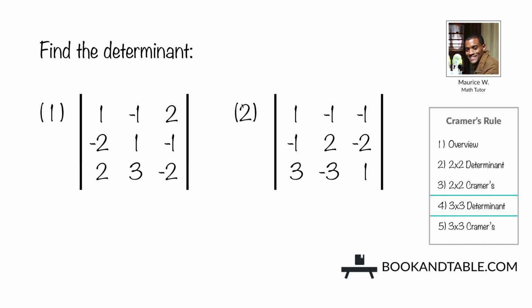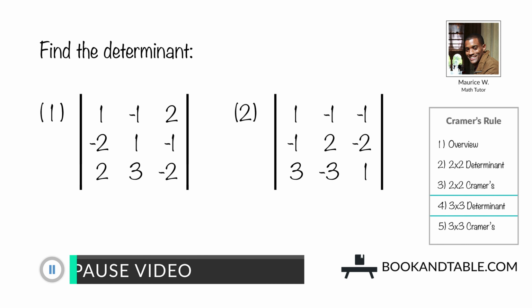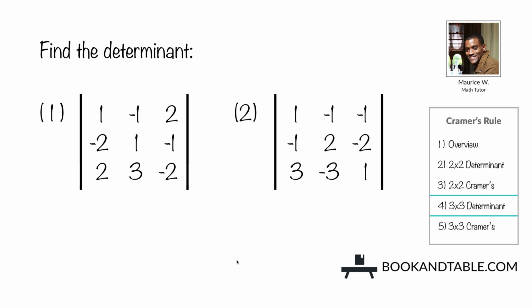Question number 2, column 1 is 1, -1, and +3. The second column is -1, 2, -3. And the third column is -1, -2, and +1. Pause the video, answer these questions, and then press play when you are ready to begin.